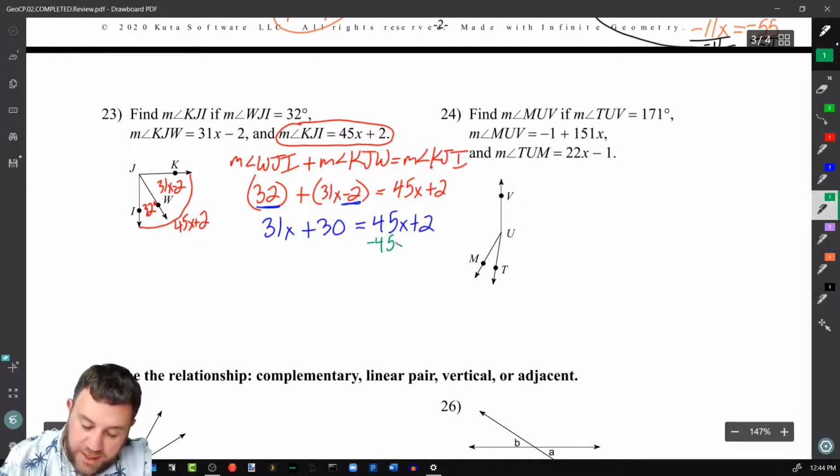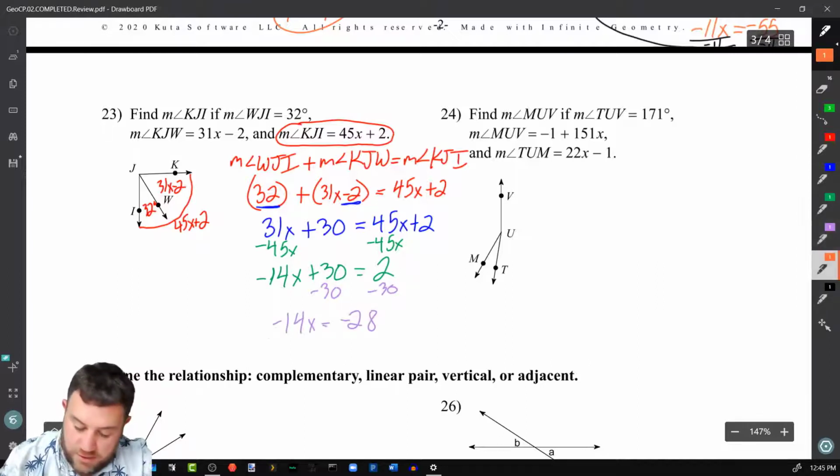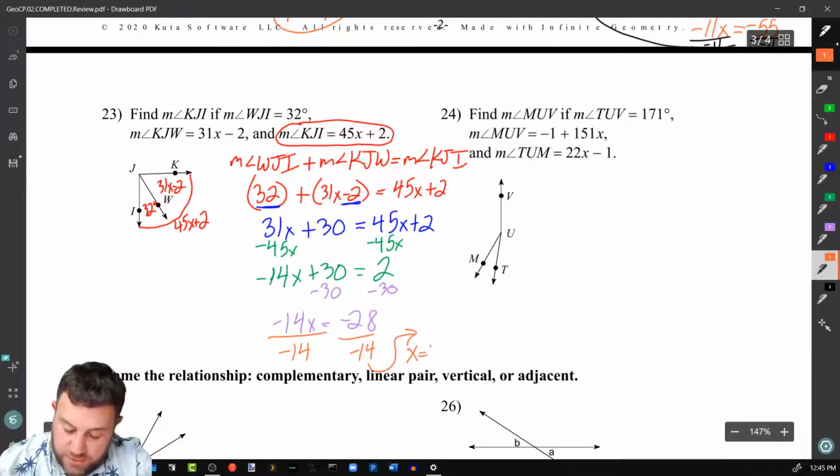We'll move all our x's to one side. So give us negative 14x plus 30 equals 2. Subtract 30 from both sides. Negative 14x equals negative 28. Divide by negative 14. Oh, I'm running out of space. So x equals 2.